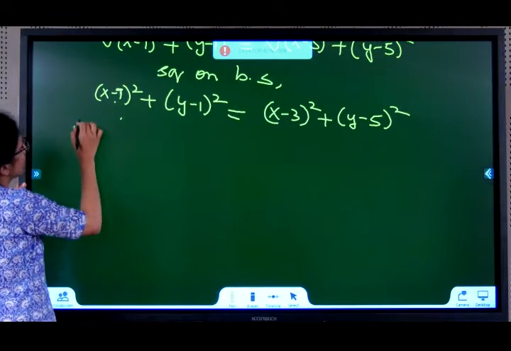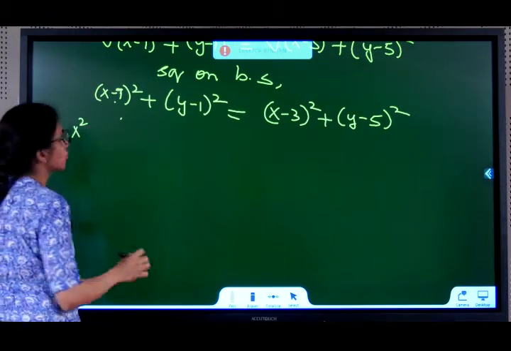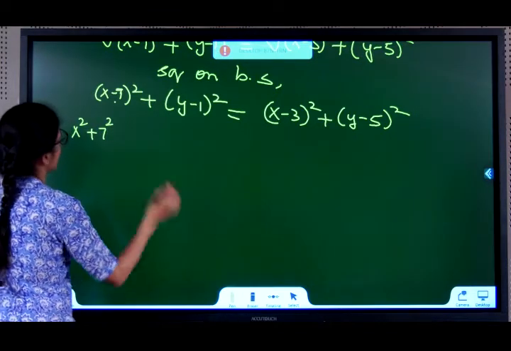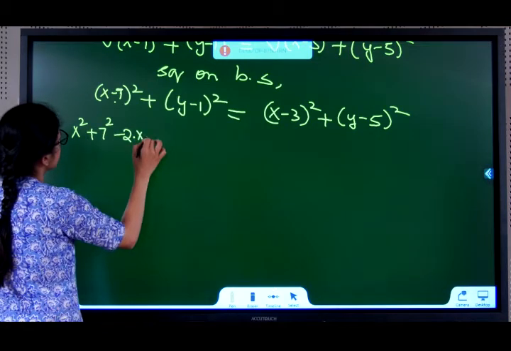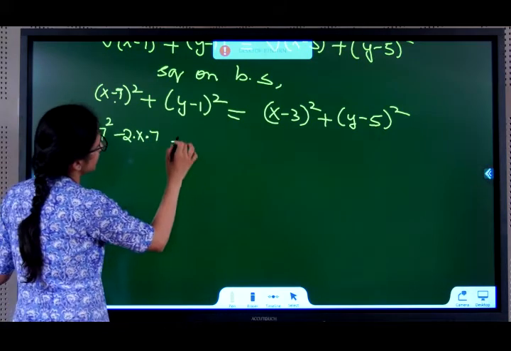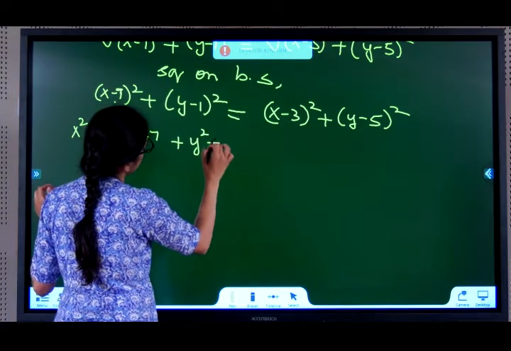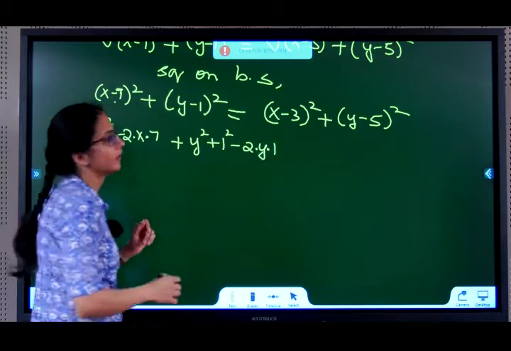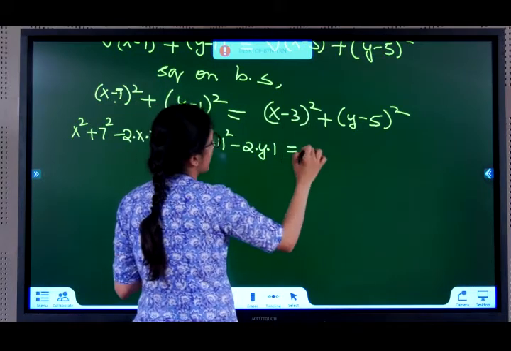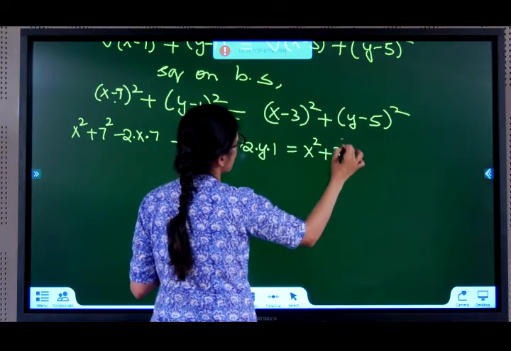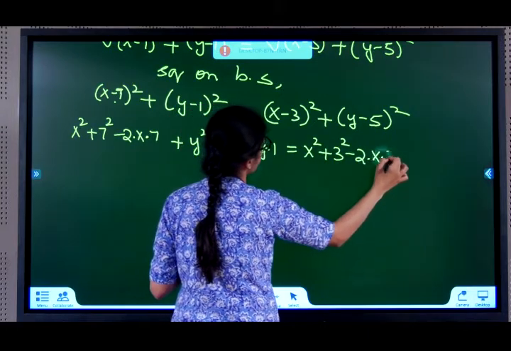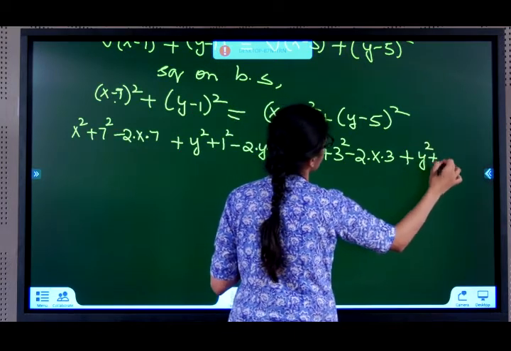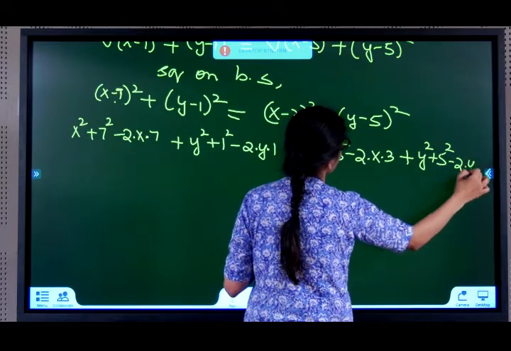Expand it. A square plus b square minus 2ab. x square plus 7 square minus 2 into x into 7, plus y square plus 1 square minus 2 into y into 1, is equal to x square plus 3 square minus 2 into x into 3, plus y square plus 5 square minus 2 into y into 5.